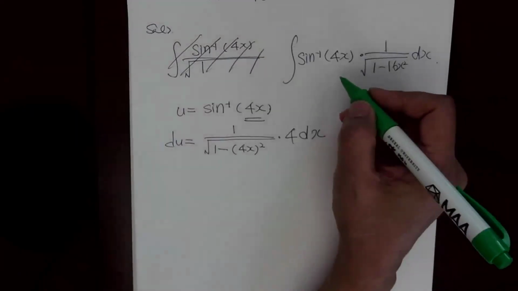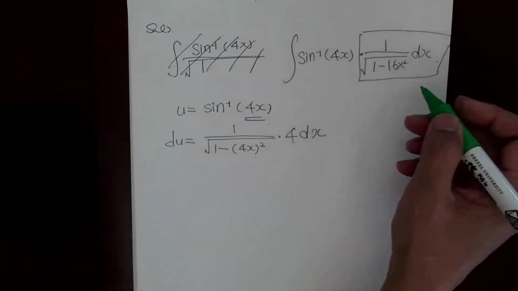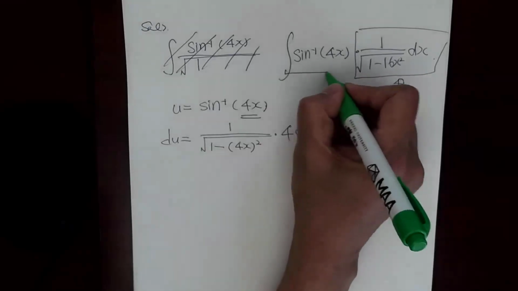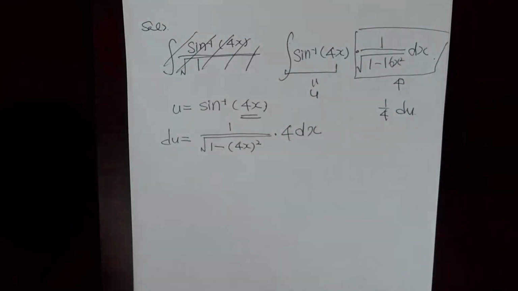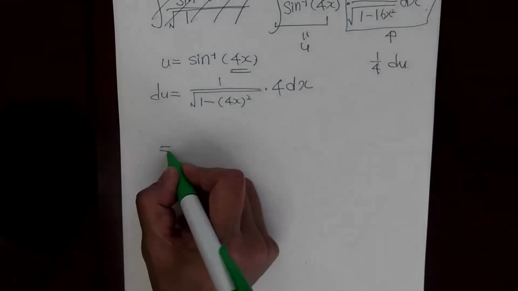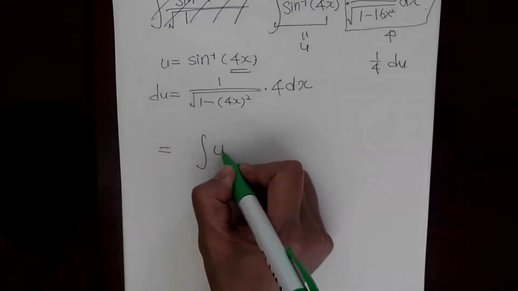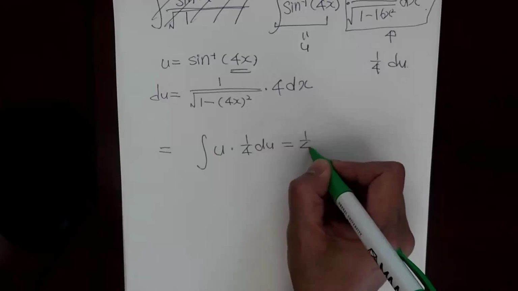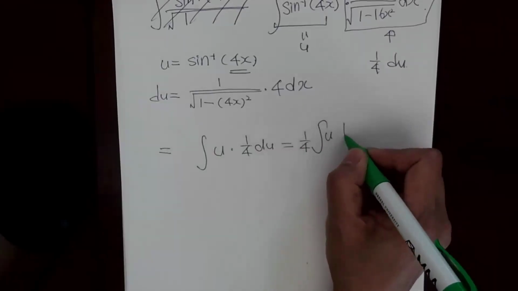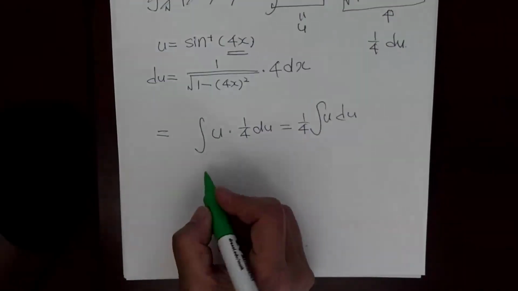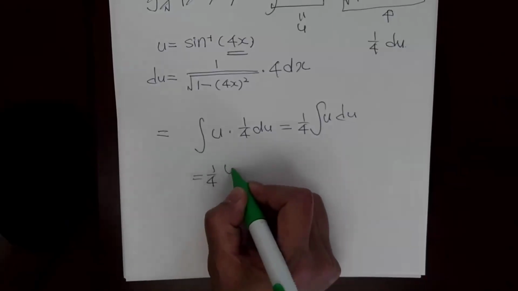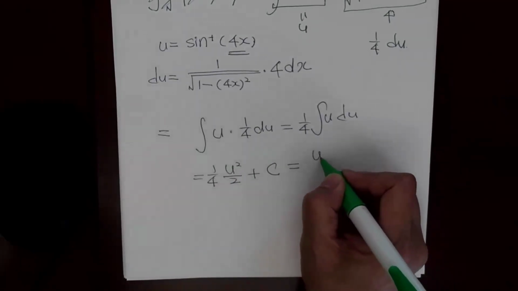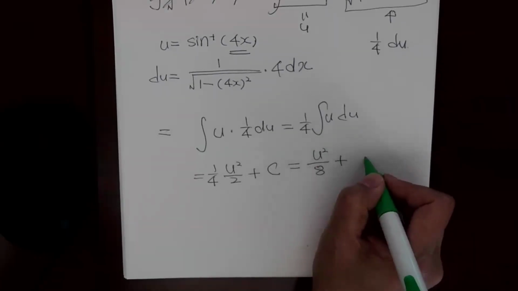So for this part is 1/4 du, and this part is u, right? And then the integration is u times 1/4 du. So it is converted to the same pattern. So we have 1/4 u squared over 2 plus c. So that is u squared over 8 plus c.